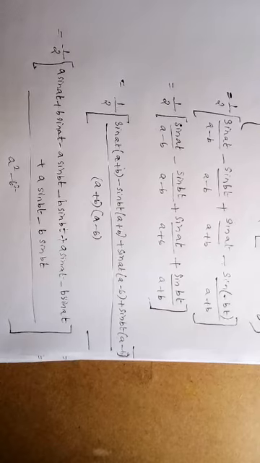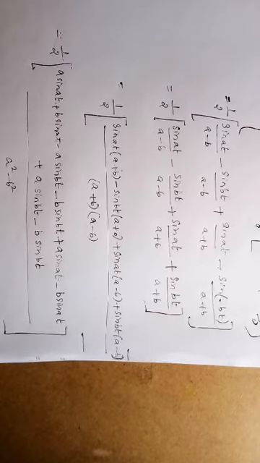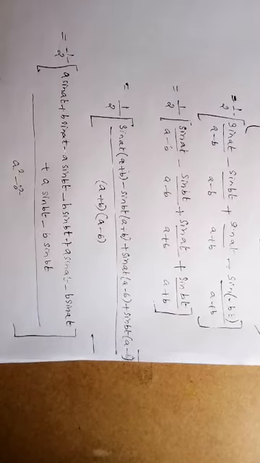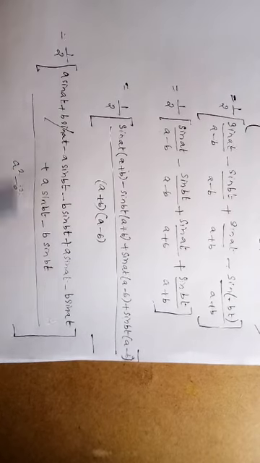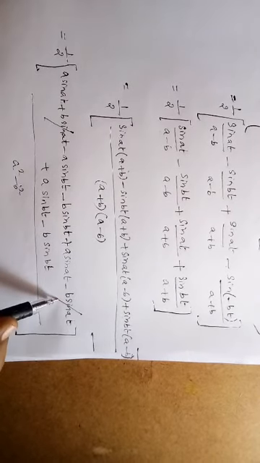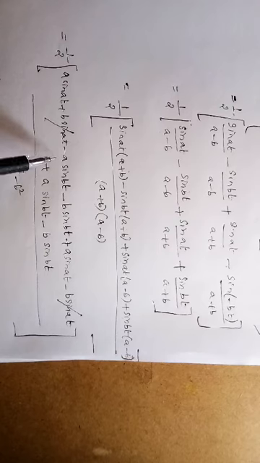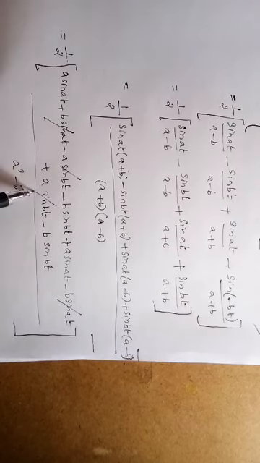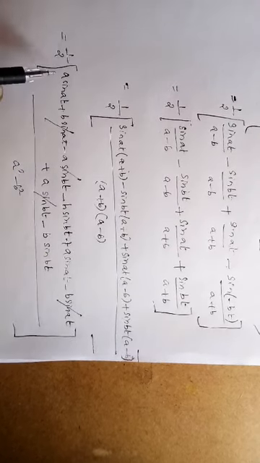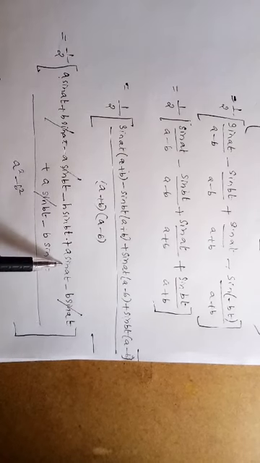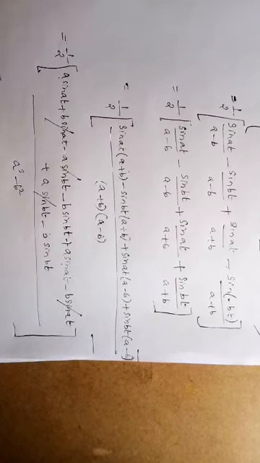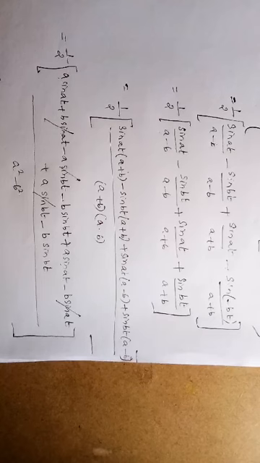Now you can see that the similar terms will cancel. Listen here, b sin at minus b sin at will cancel. Then minus a sin bt plus a sin bt will cancel. The remaining terms are a sin at plus a sin at, so 2 times a sin at will remain.